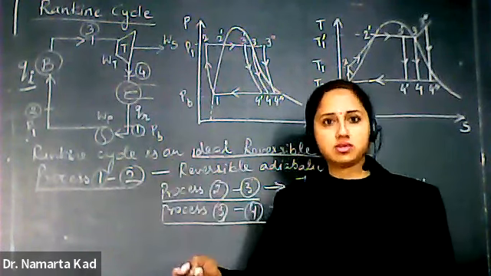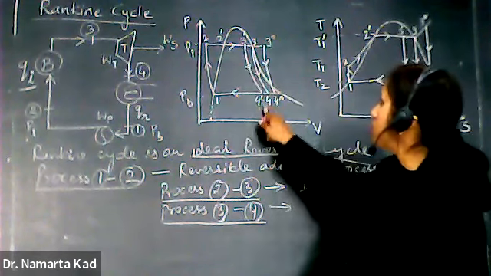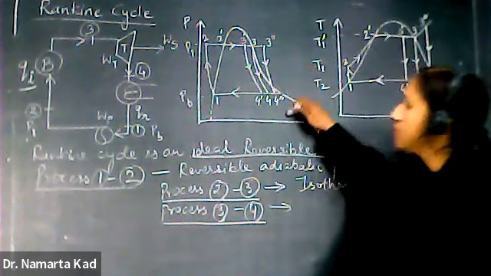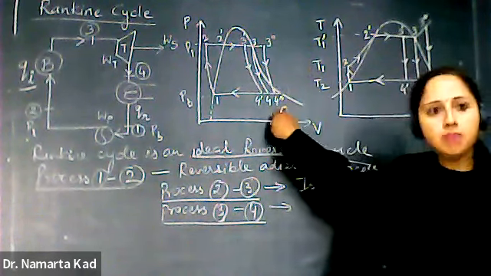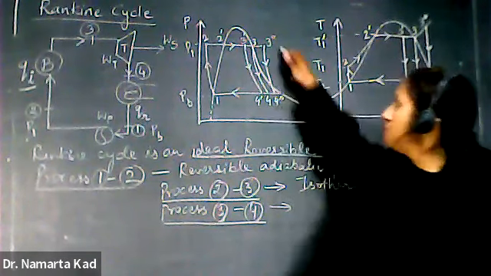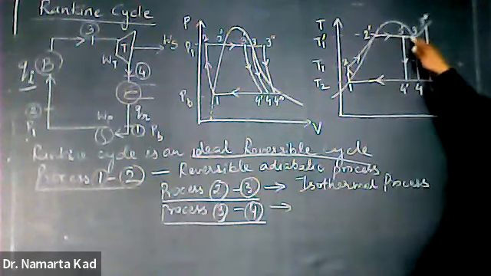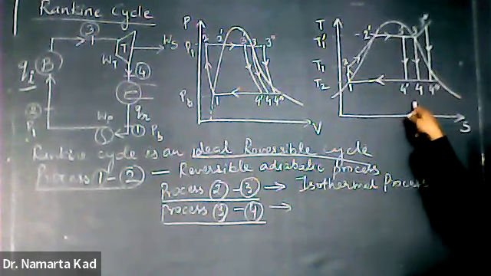So see here also in the stage 3-4, there is decrease in the pressure from P1 to PB, and also there is decrease in the temperature from T1 to T2.